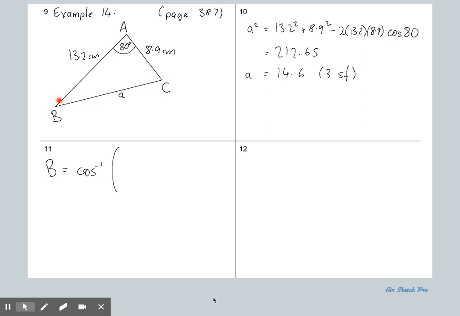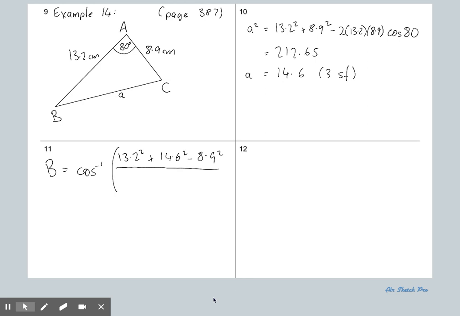So that means these two things here. Again, I'm just going for the visual rather than the formula. 13.2 squared plus the other leg is the one I just worked out, 14.6 squared, minus the one that's opposite. So that's 8.9 squared.